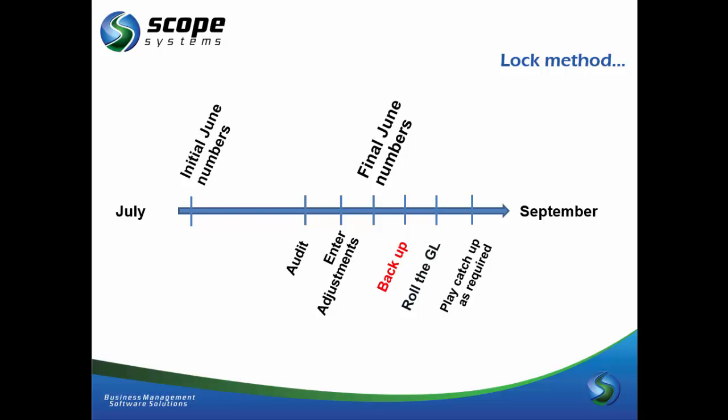If we use the most favored and preferred method, the lock method, we initial the June numbers, the 30th of June, let the audit take its place, lock the ledgers, unlock the ledger, enter the adjustments, finalize the June numbers, perform the backup, roll the GL, and then play catch up as required. That normally takes you through September or October.